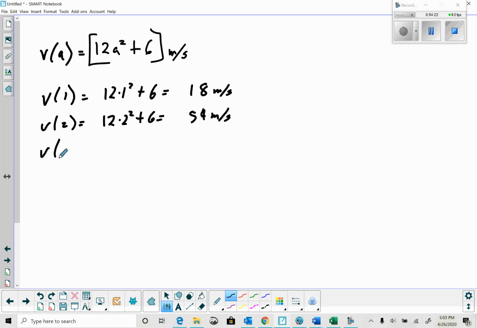And then after 3 seconds, this rapidly accelerating particle is 114 meters per second. That's all we're doing. So with that first part here, we built the new equation, and then for the next ones, we're just substituting. We're applying this new function to come up with the answers to the specific values.